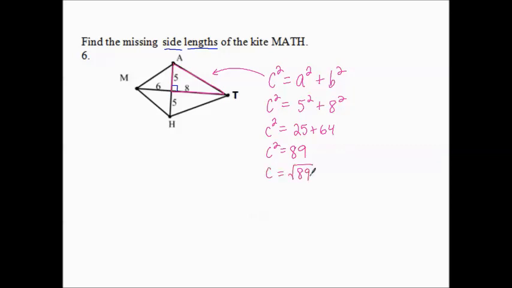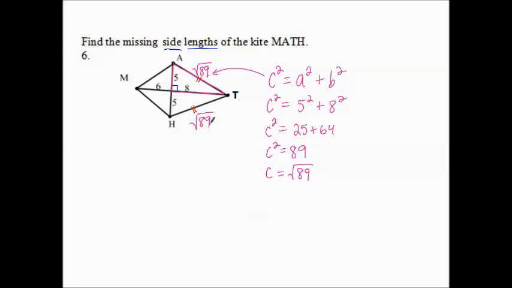Now we can take out our calculator or we can simplify it. 89 doesn't break down, so we leave it as square root of 89 unless the directions say to round it. Now remember, when it's a kite, two consecutive sides are congruent. This side must be congruent to the other side, the easiest way is to look at its size. Therefore, this side is also square root of 89.